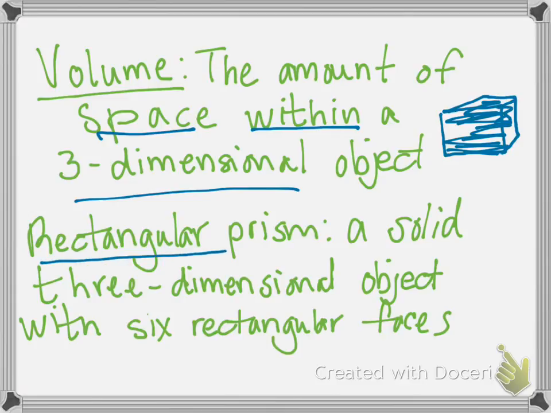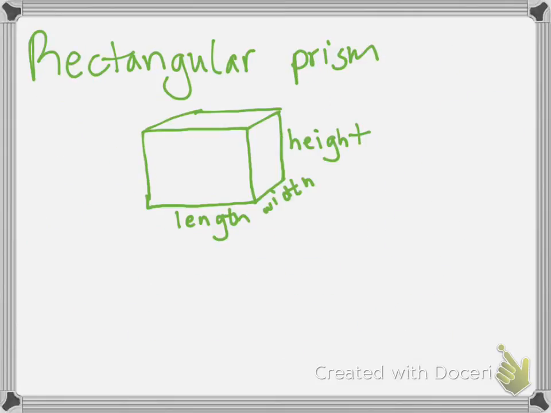Now, a rectangular prism is a solid 3-dimensional object with 6 rectangular faces. I'm going to show you a picture of one here. So here's a rectangular prism. It's like a box. All of the sides, we call those faces. Like this is a face, this is a face. There are 6 of them on a box, and they're all rectangles.